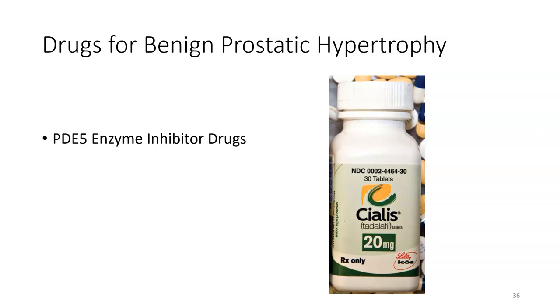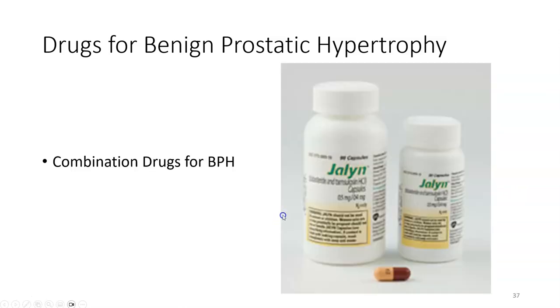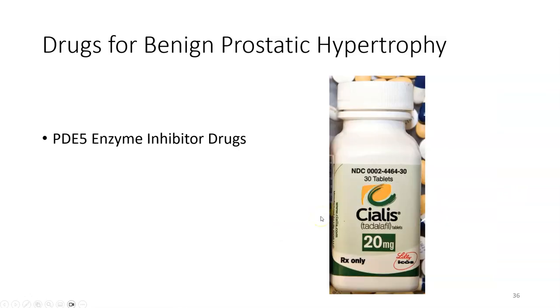Tadalafil is the only drug indicated for BPH of the group, and the rest of them are used to treat ED. Tadalafil is known by the brand name Cialis, and the drug stem is afil. So your PDE5 enzyme inhibitors end in afil.